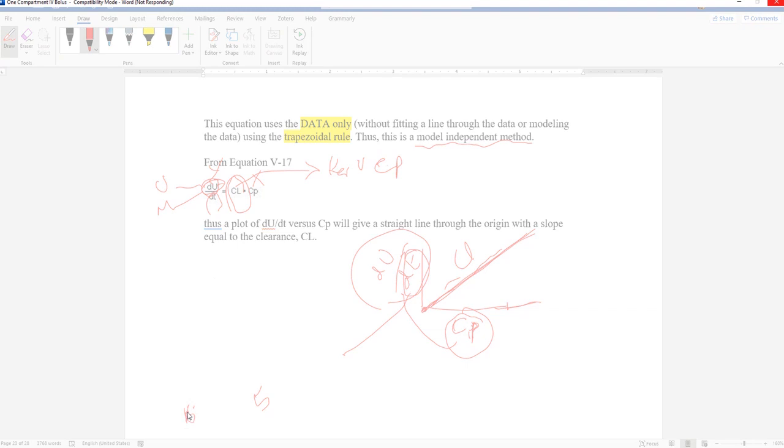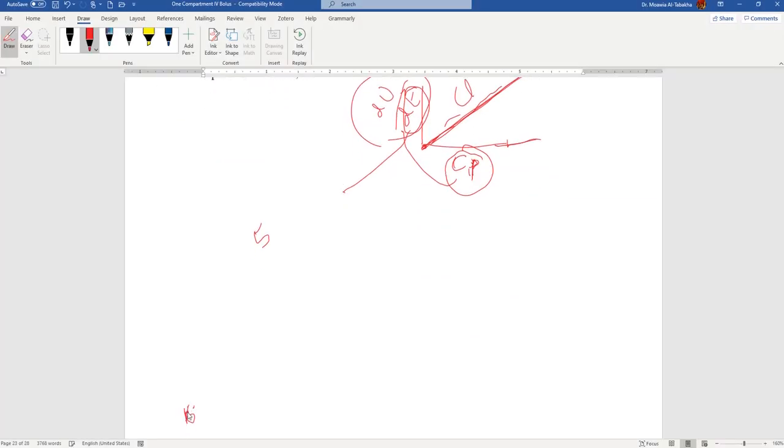So we have 6 hours and we have 5 hours. Let's say this is your delta T, so it's 6 minus 5. Now this concentration is at what time? Is it at 6 or at 5? Don't forget, this is at the midpoint time, meaning at 5.5 hours. Okay? So between hour 5 and hour 6.